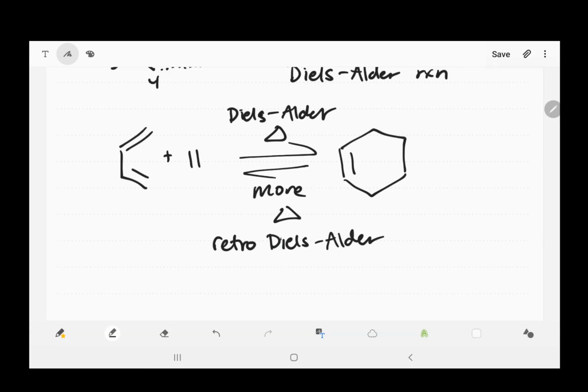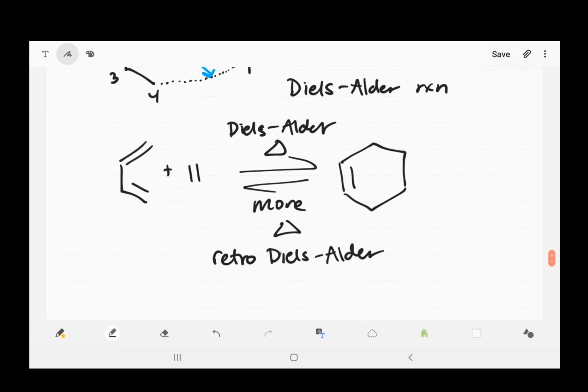So it can go back if we give it more heat. Sometimes that's a significant temperature. In this case, with these two reactants, we're probably looking at 150 degrees Celsius or so. So pretty high temperature. We're going to see some Diels-Alder reactions will happen at sub-zero temperatures. So there's some energy requirement, heat-wise, to make these reactions. But if you want to break it and reverse your reaction, you can throw more heat at it.